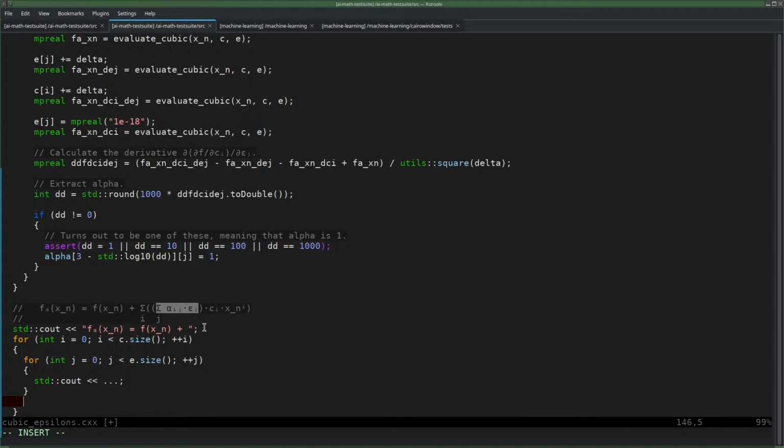So that kind of depends on how many things we printed, whether or not we need the parentheses.